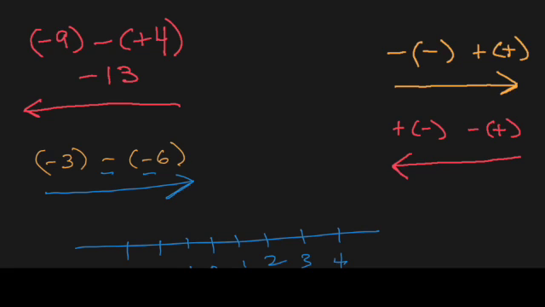We are going to start at a -3, and to that, we are going to move to the right 6 spaces. So we'll start here and move 1, 2, 3, 4, 5, 6. And on our number line, we end up at a +3. So a -3 subtract a -6 ends up being a +3.